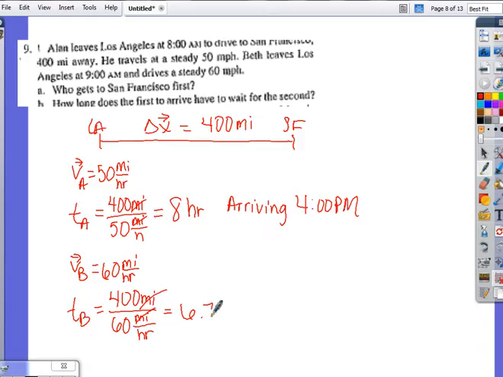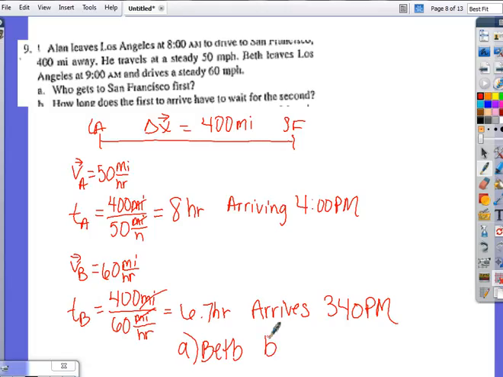You get about 6.7 hours. So Beth arrives approximately at 3:40 p.m. So obviously, to answer A, Beth arrives first. To answer B, she has to wait 20 minutes, approximately.